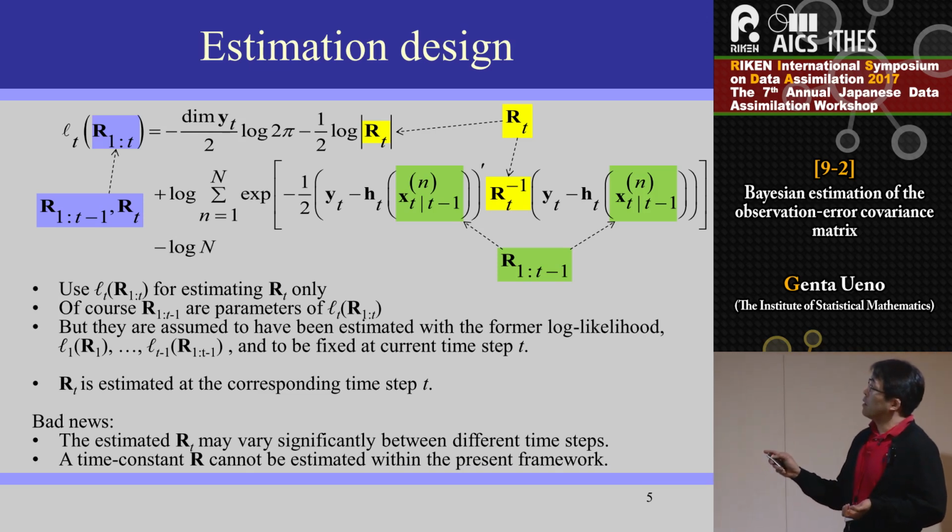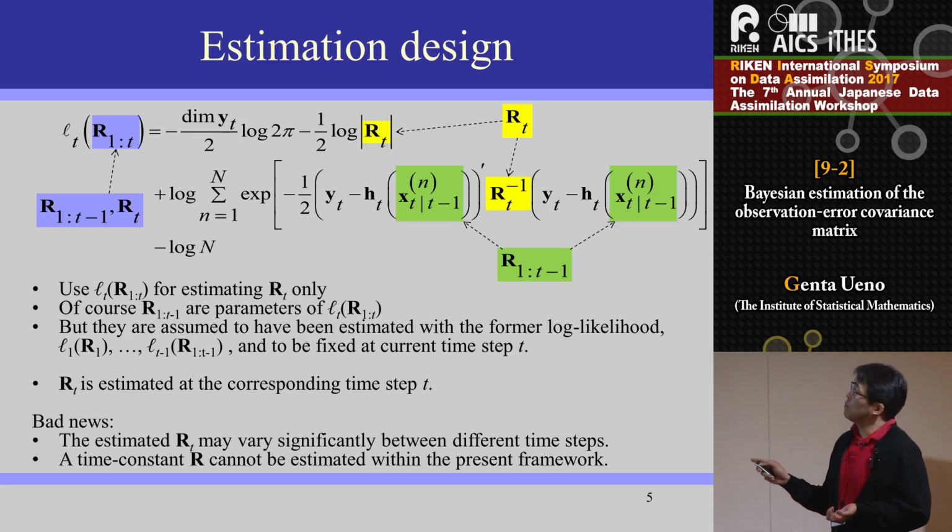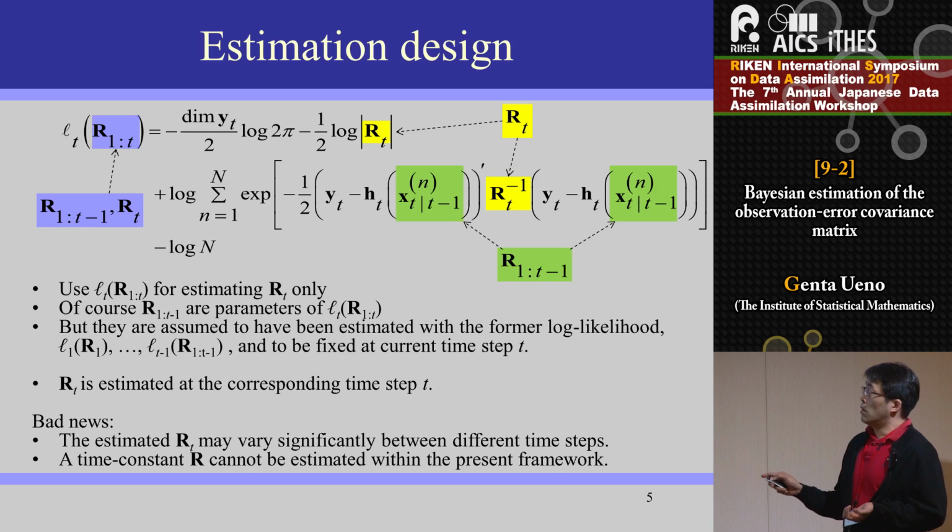So R_T appears explicitly on the right-hand side. So I make an estimation design that uses L_T for estimating R_T only.